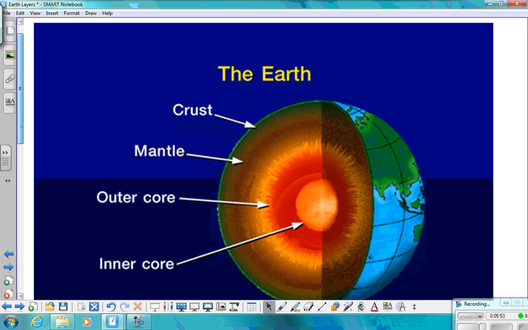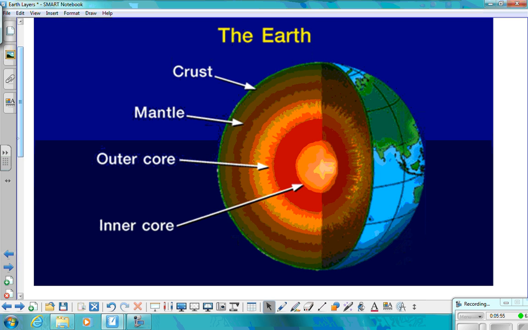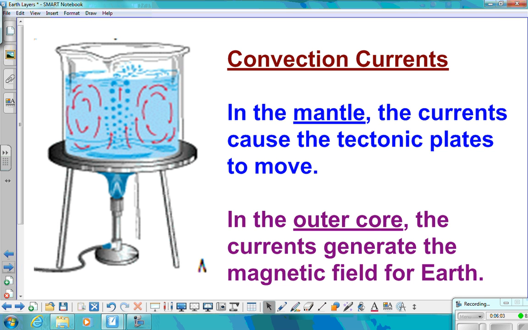Another picture: crust, mantle, outer core, inner core. One thing that we really need to understand, and we've talked about convection and convection currents in some of our physical science units, but in this one it's also relating it to earth science. We have convection currents in the mantle, and those currents cause those tectonic plates to move.